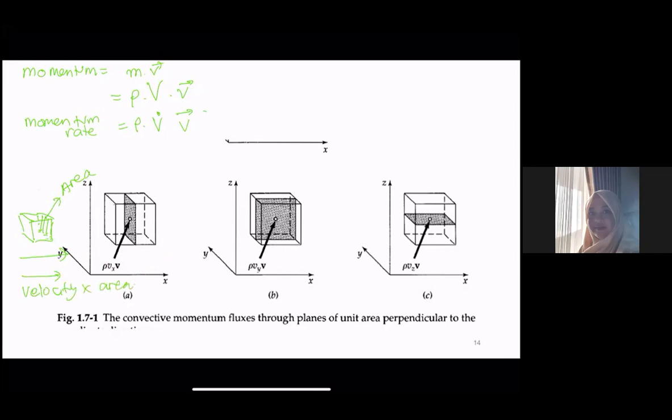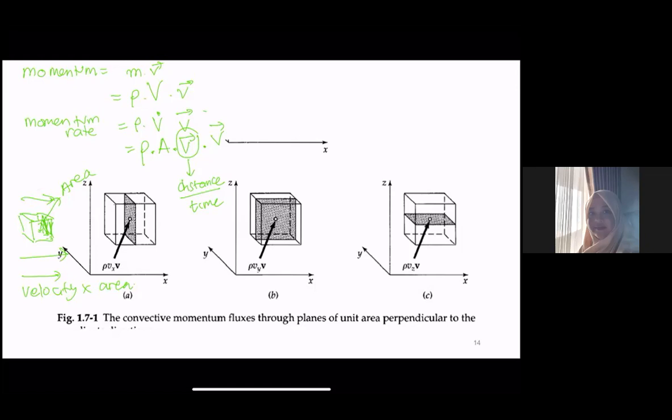So this momentum rate is actually equal to rho multiplied with the perpendicular area of this moving fluid, multiplied with v, multiplied again with v, because v is distance divided by time. If area multiplied with distance, that's going to be a volume. You can check with the unit: m2 multiplied with m becomes m3.